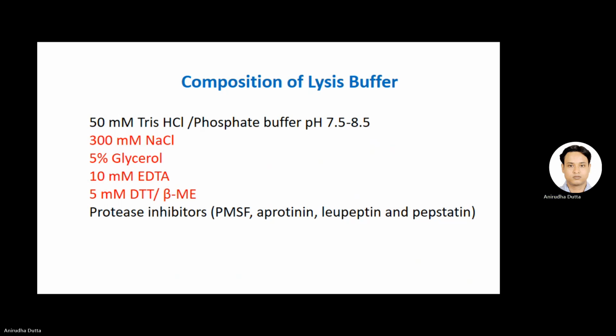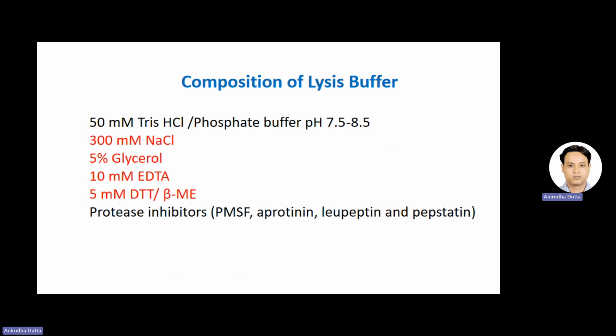Again, DTT or beta-ME. These are reducing agents that keep the environment reducing, so that the disulfide bonds don't get oxidized and break down. But depending on the column that we're going to use, DTT is not good if we are using a nickel NTA column, so for that we have to think about adding a reducing agent.